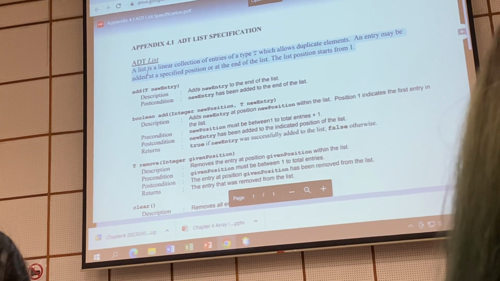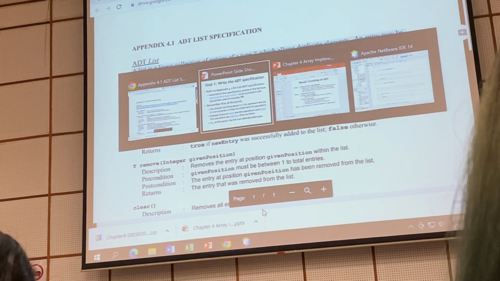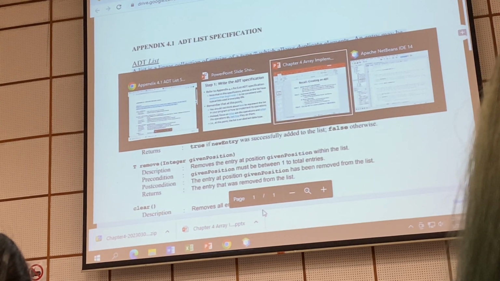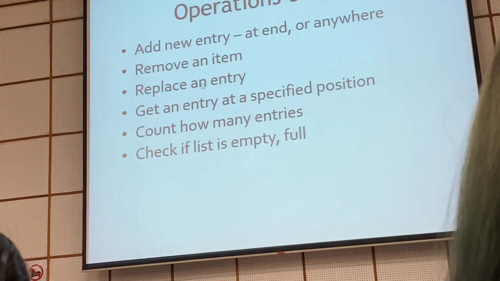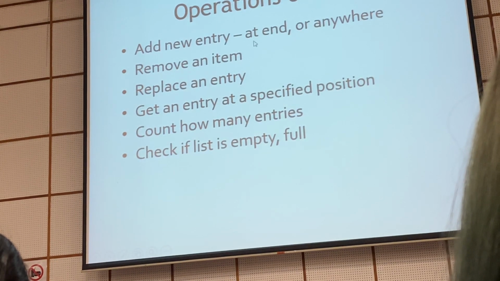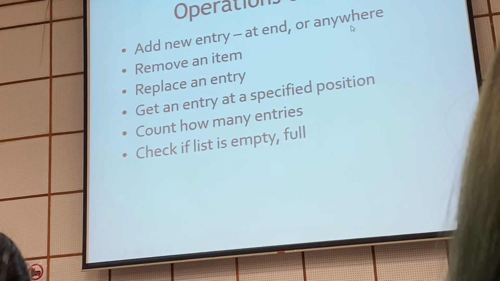Now, we have the basic operations. We talked about basic operations just now. Of our list is add. We can add at the end or we can add anywhere, any position.